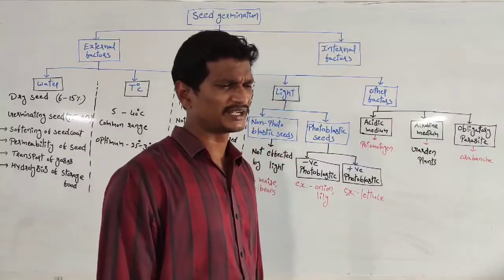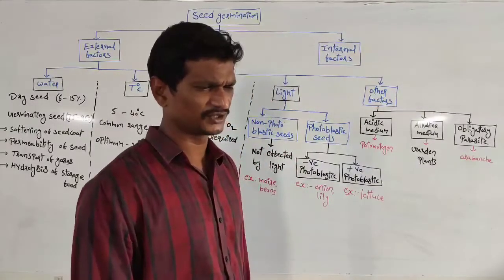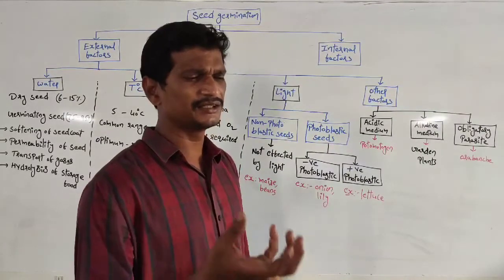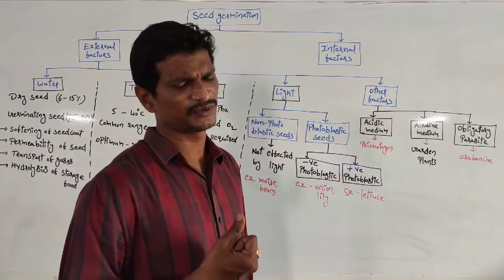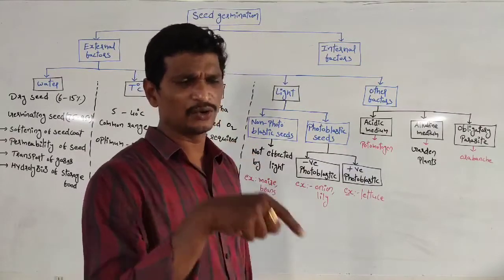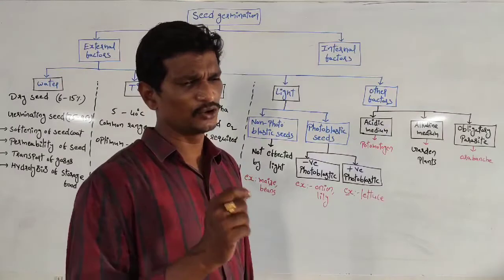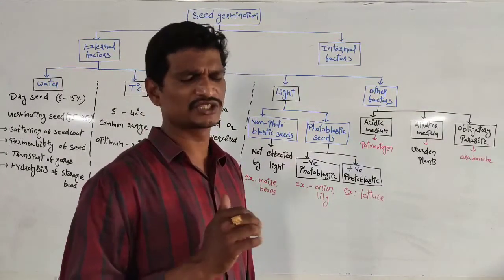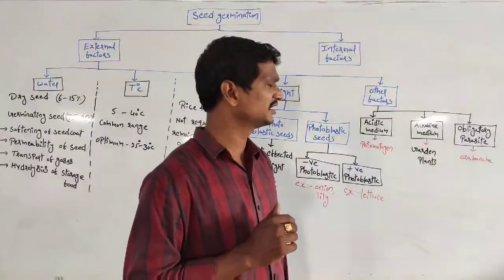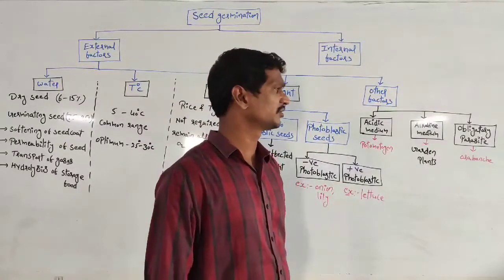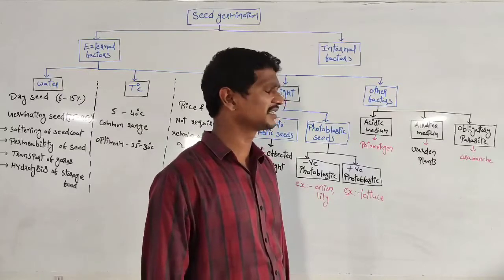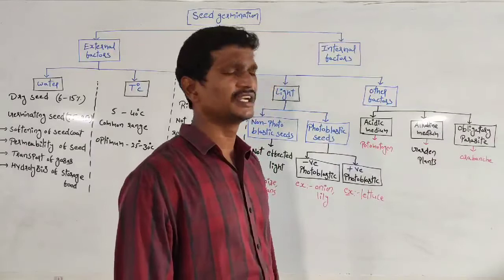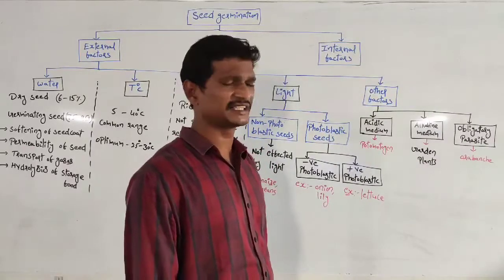See, we know some plants are parasites. Parasitic plants also produce seeds. These seeds are germinated only when the host is available. So we know a parasitic plant is Orobanche, right? Obligatory, compulsory host and parasite interaction.